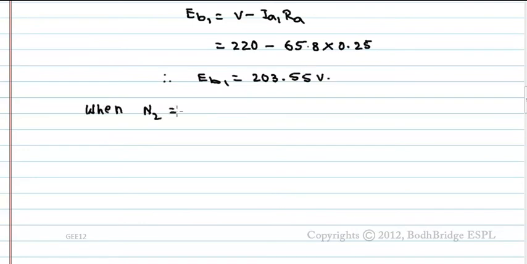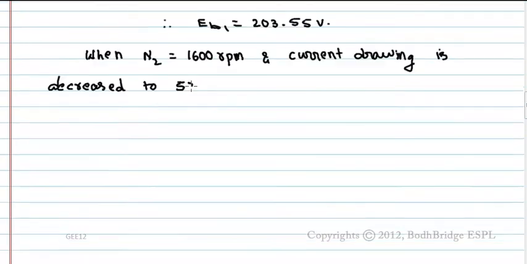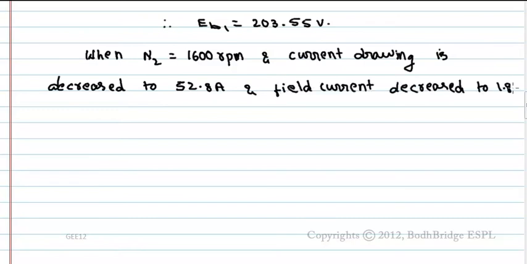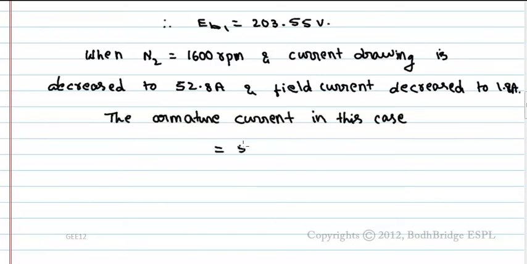When speed is increased to 1600 rpm, current drawn is decreased to 52.8 ampere and field current decreased to 1.8 ampere. The armature current in this case equals 52.8 ampere minus 1.8 ampere, equals 51 ampere.